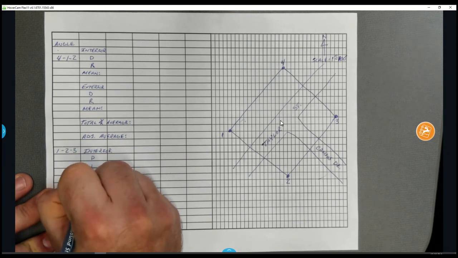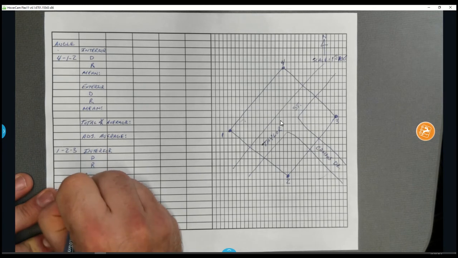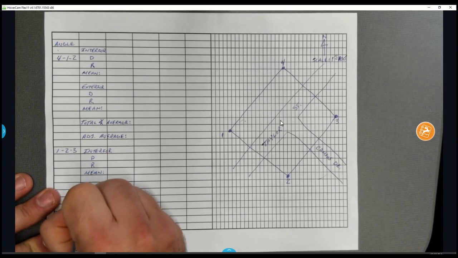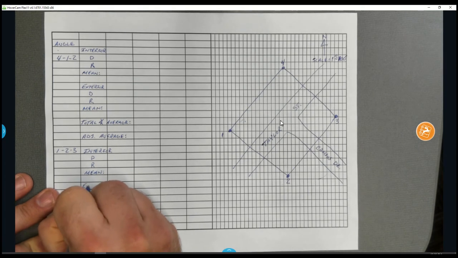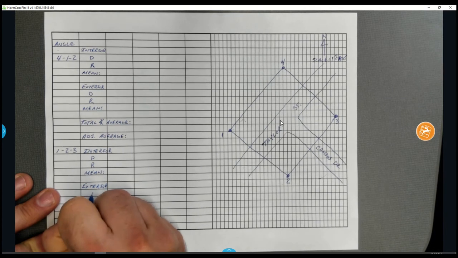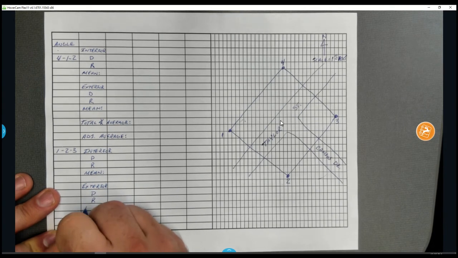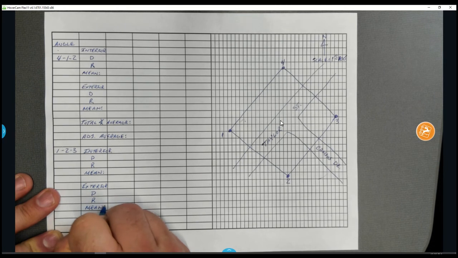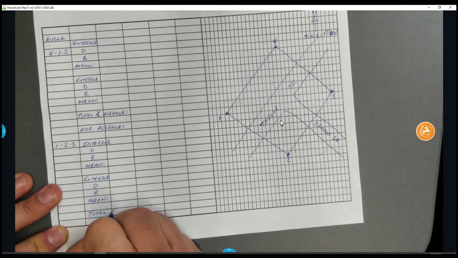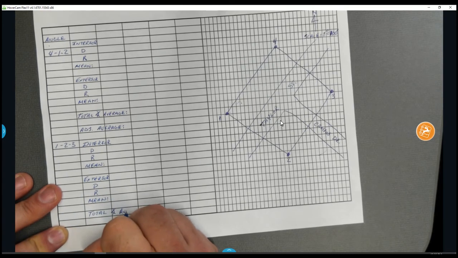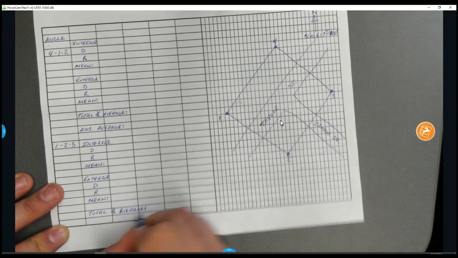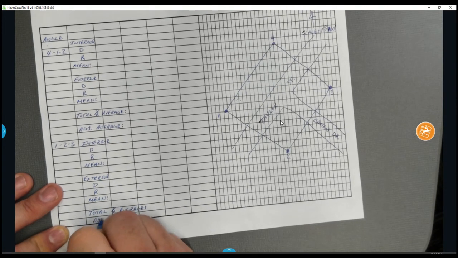And that's direct, reverse, mean, exterior, direct, reverse, mean, and then we have the total angle average, and then the adjusted average.